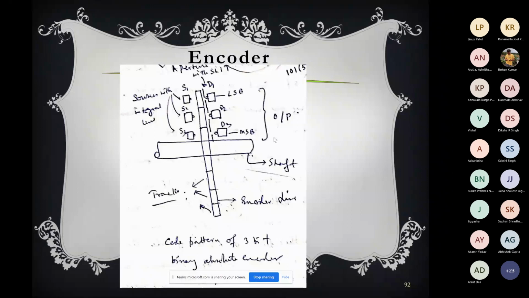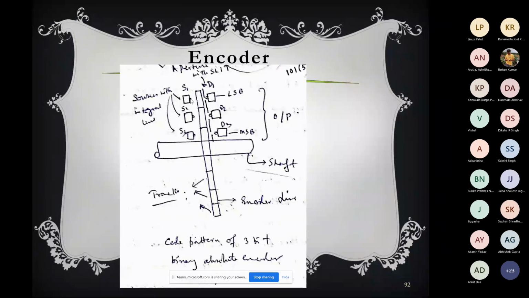So for each track, there will be a light source. The light source could be an LED or IRED, infrared, and this light source is provided with an integral lens. You see the dot I gave, that means it is provided with a mechanism with a lens and an aperture. What is the meaning of lens and aperture?